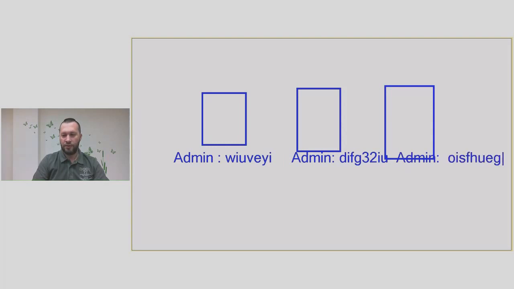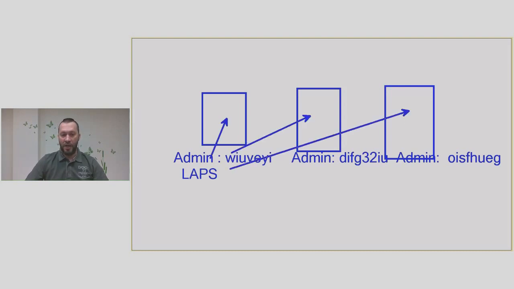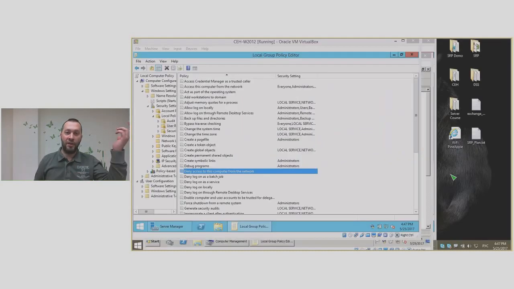The question is, how would you maintain this? And the method is called Microsoft Local Administrator Password Solution. This is the DLL file which is deployed to each and every machine, and it creates random passwords and keeps them in Active Directory. And let me show you how.